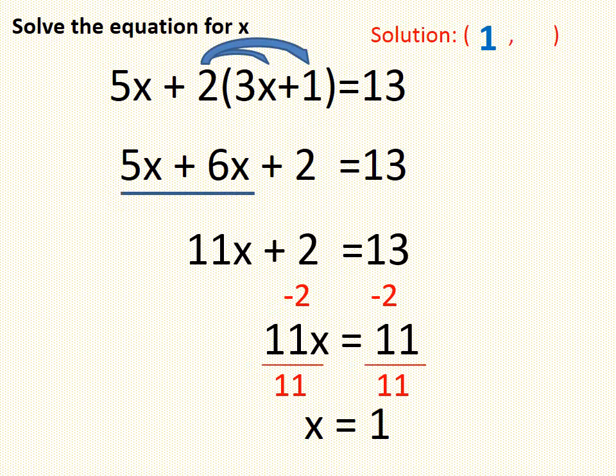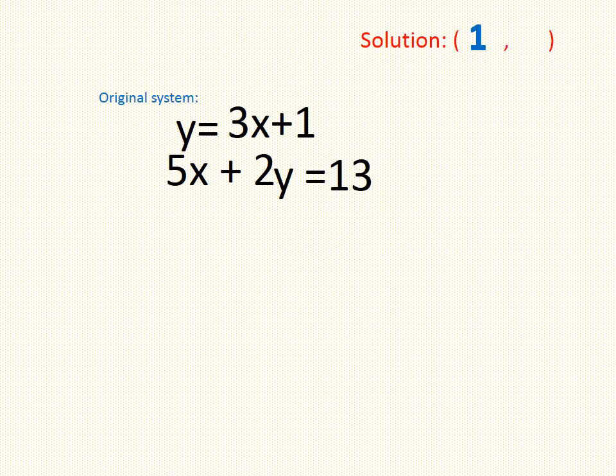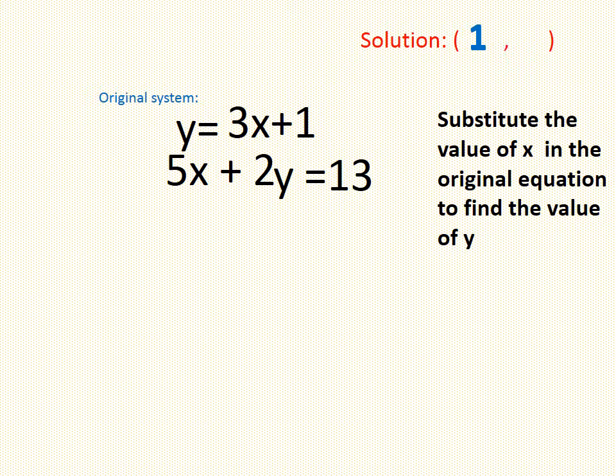So now all we need to do is to find the value of y, or the y coordinate of the solution. To find the value of y, I need to substitute the value of x in the original equation, which means y equals 3x plus 1, the original equation that I used to substitute the value of y in terms of x.